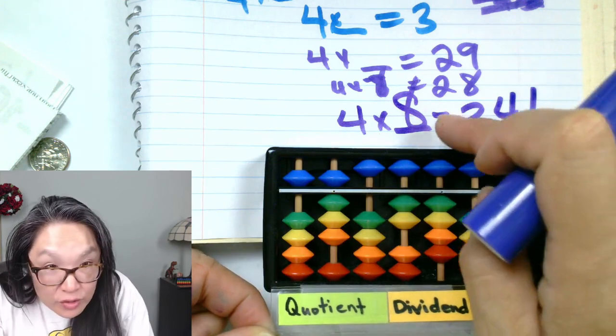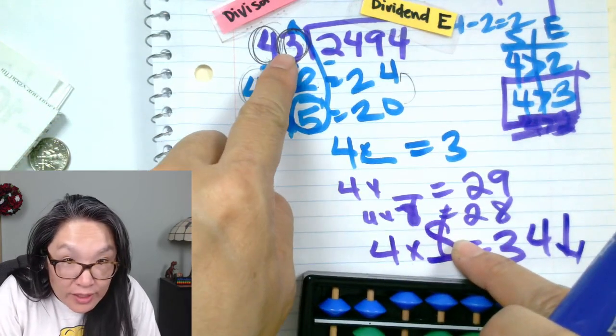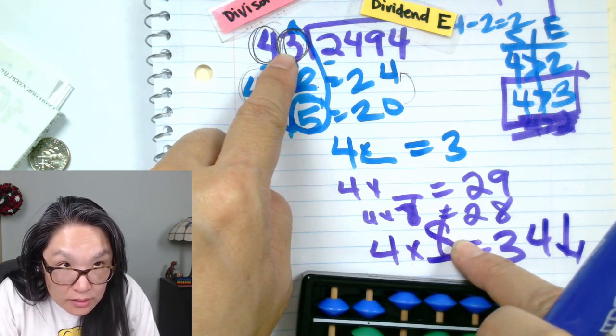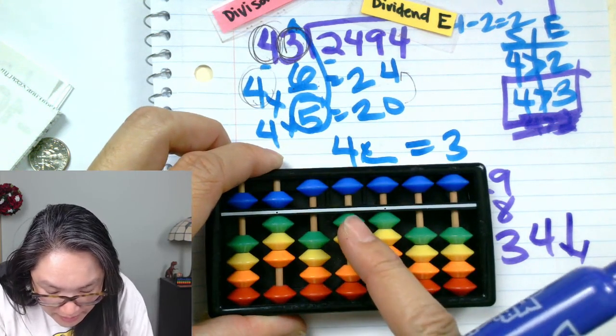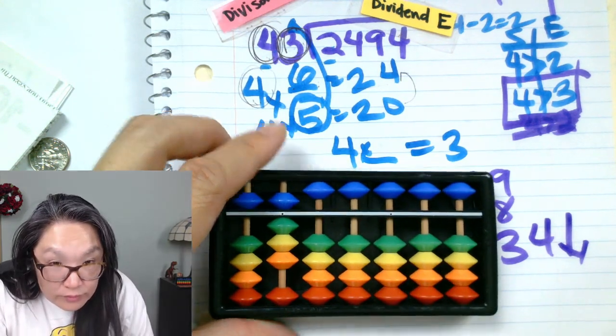Whatever I do to my 4, I have to do to my 3. 8 times 3 is 24. Take away 20, take away 4.